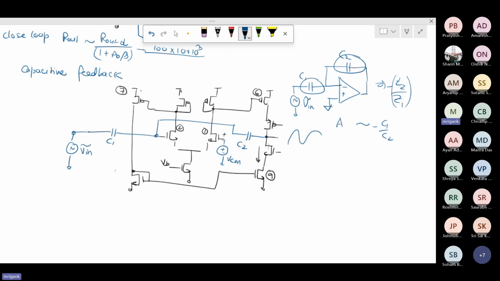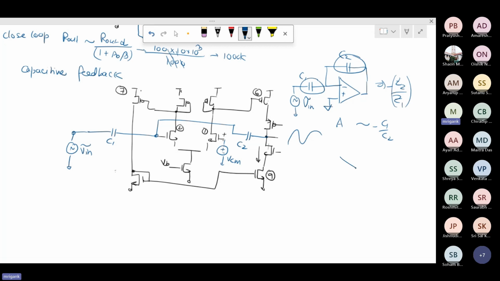And suppose A naught beta is 1000. Still, I'm getting around just 1K. So the output impedance, even as a voltage follower, is still less. The closed loop output impedance is still less.